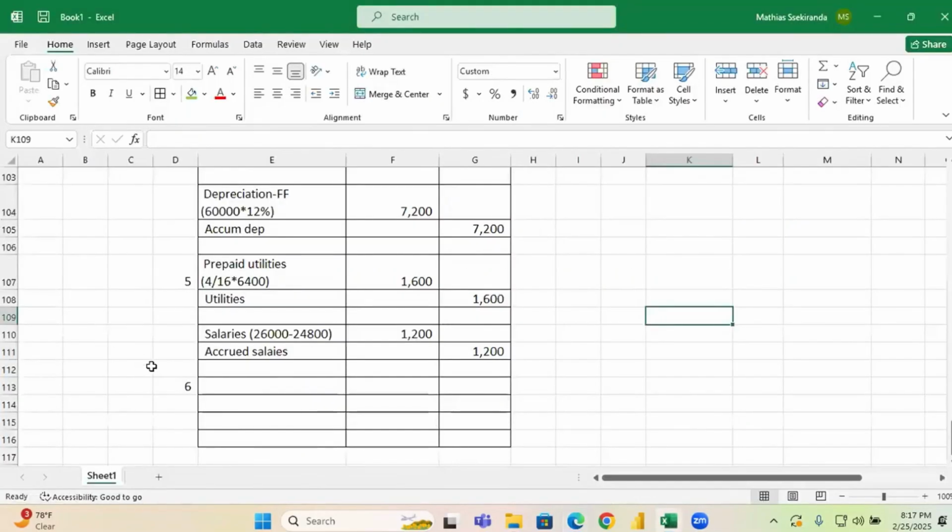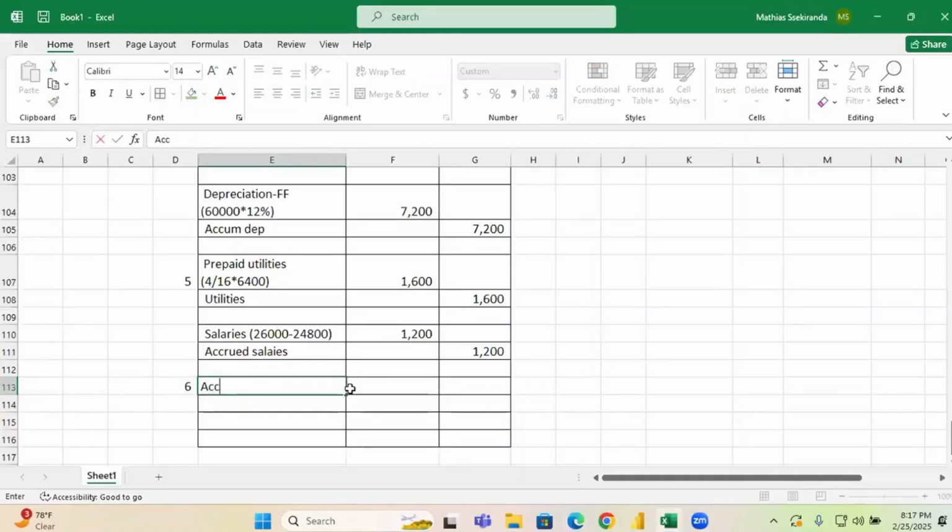So let's begin with interest on treasury bills. Interest on treasury bills is an income. It remained outstanding. It means it is an accrued income. You can call it accrued interest, accrued treasury bills income, which is an asset, and credit income from treasury bills, which is an income.